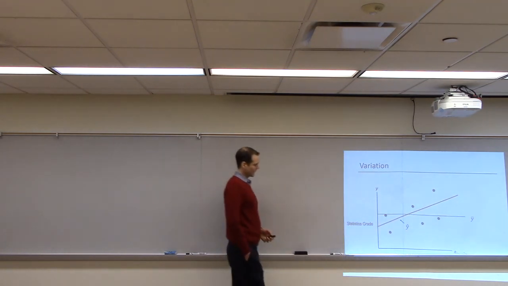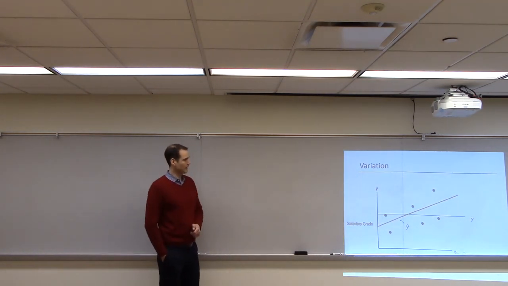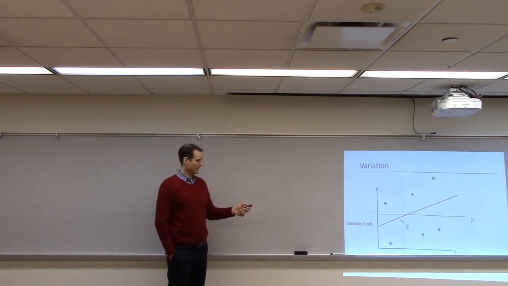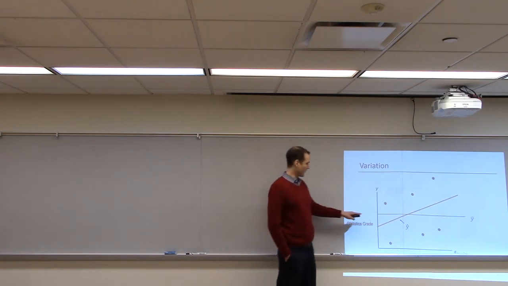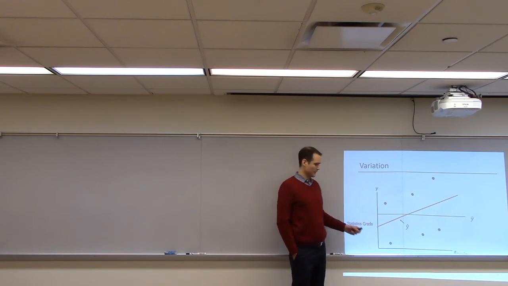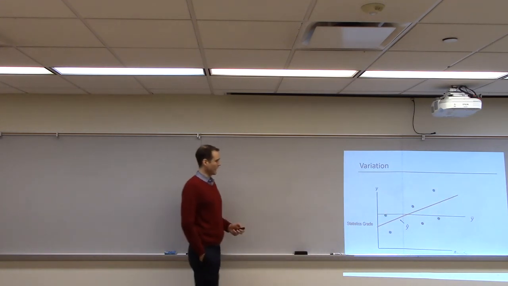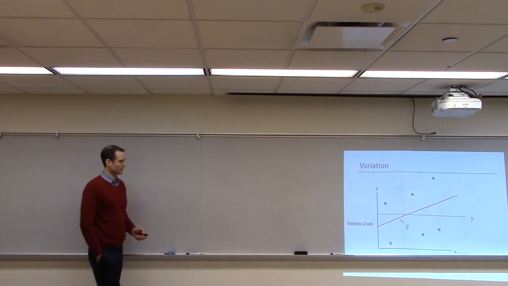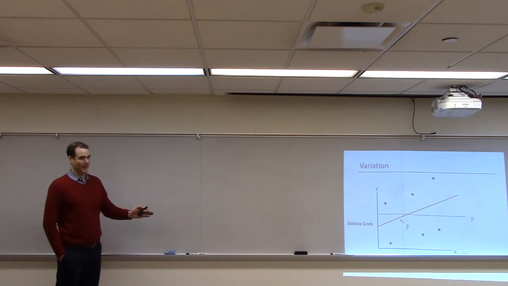So if I were to look at these two models, this is model A, this is model B. Now both of these have the same average grade and the same slope to the regression line, but they're different. Model A, model B. What's the difference between model A and model B?